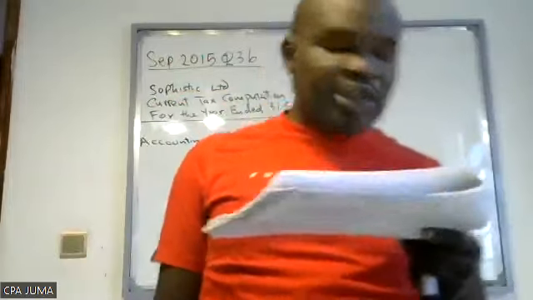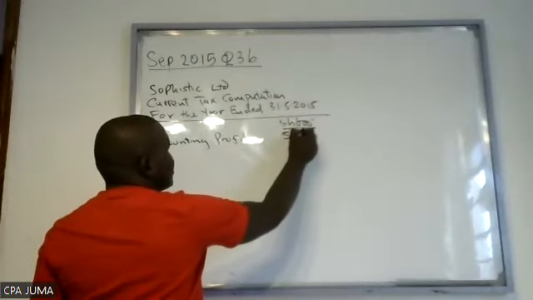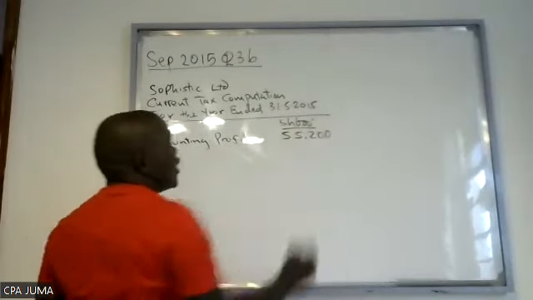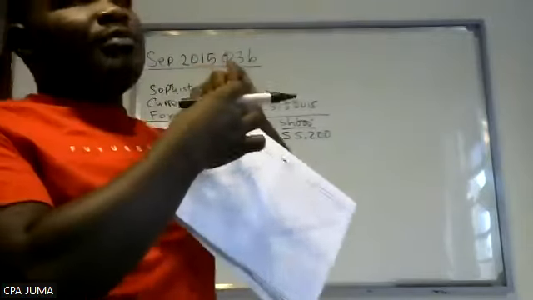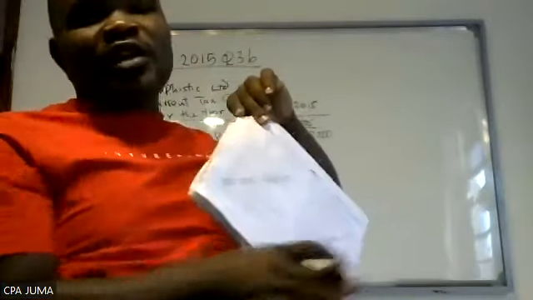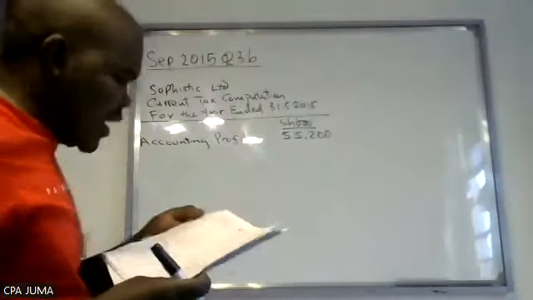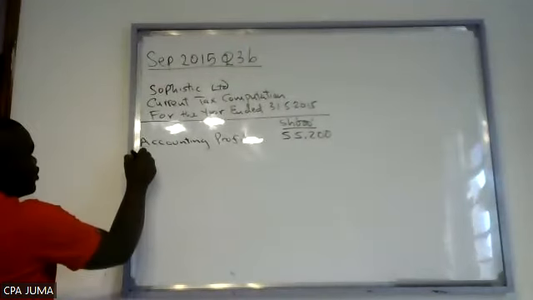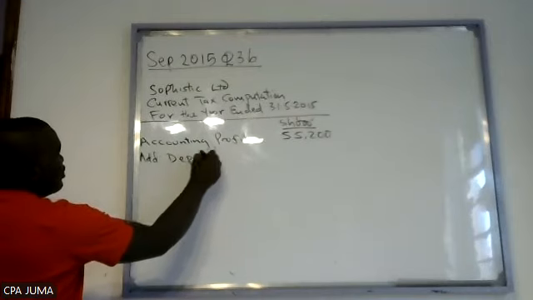Yes, in note 1, the figure is correct. The accounting profit for the year ended 31st May 2015 was 55,200. We are working in thousands, so 55,200. Stick to the schedule for 2014, but now we bring figures for 2015. They added back depreciation, so add depreciation.